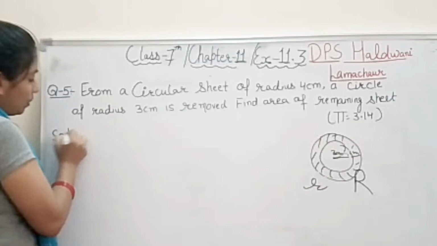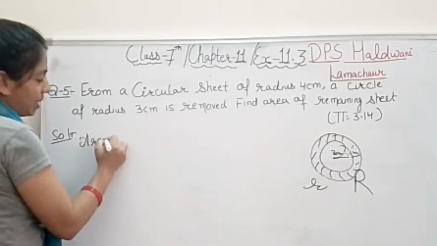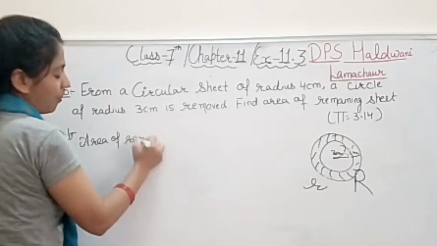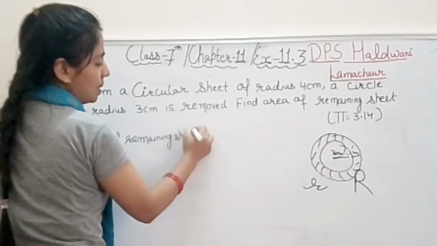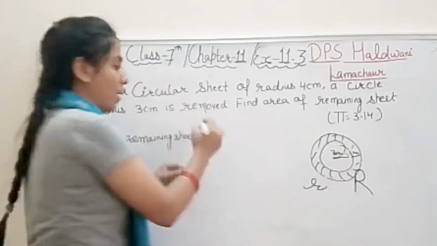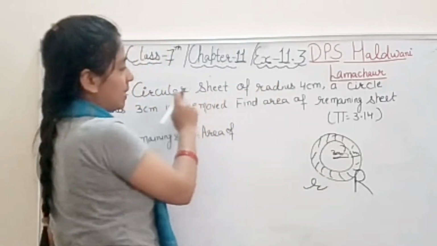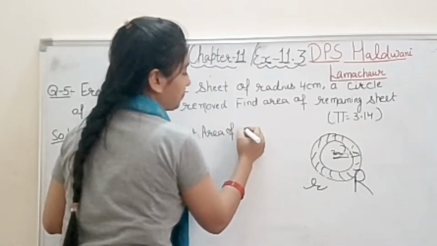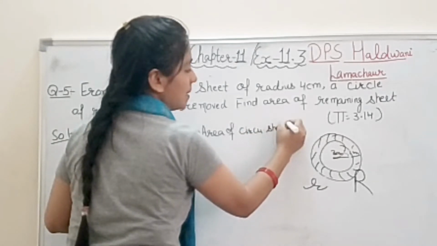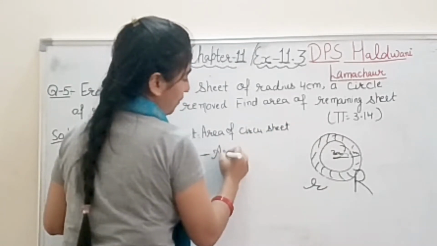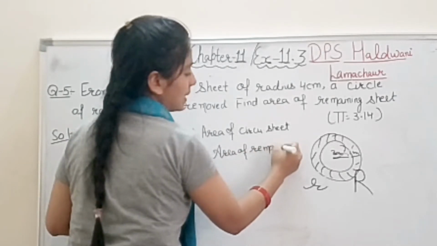So let's start the solution. Directly I am going to write: area of remaining sheet is equal to area of outer circle, the circular sheet, minus area of the removed circle.